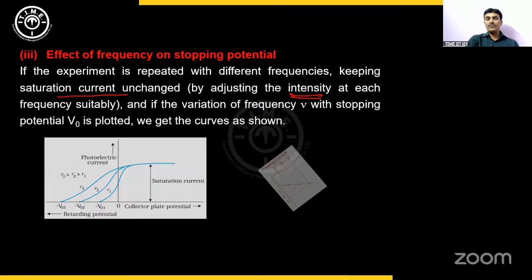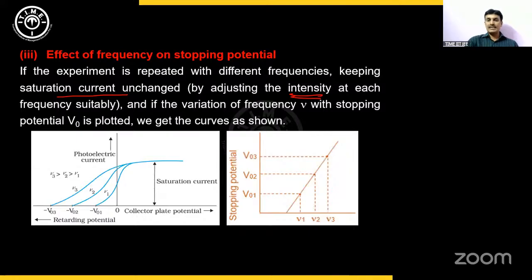The graph looks like this. See, three different radiations, three different frequencies, but the same intensity. As they have the same intensity, saturation current is the same for all three radiations. But see the stopping potentials: minus V01, minus V02, minus V03. V03 is for the radiation with high frequency, nu3.